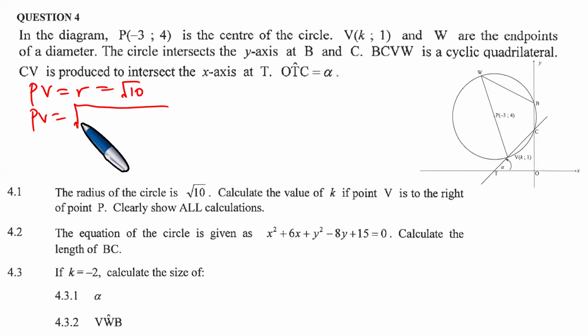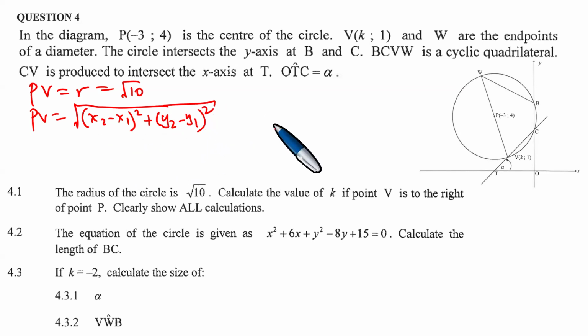To find the distance between P and V, use the distance formula: x2 minus x1 squared plus y2 minus y1 squared. This is called the distance formula. And you already know that the radius of this circle is the square root of 10 units. So this PV is the square root of 10 units.